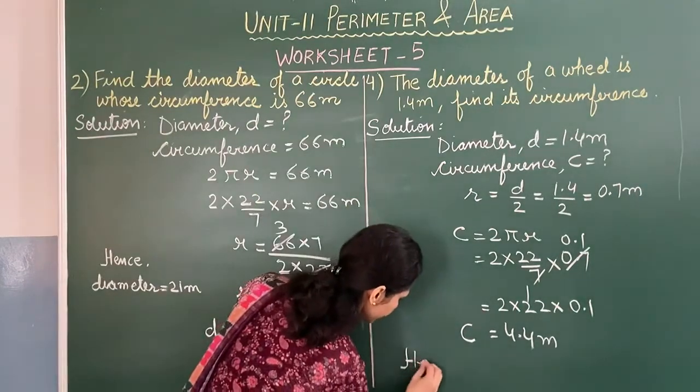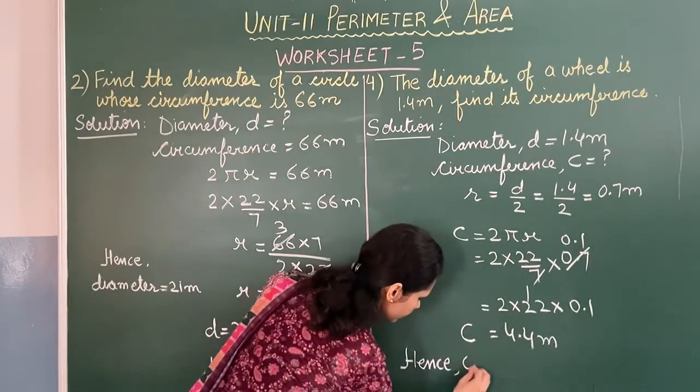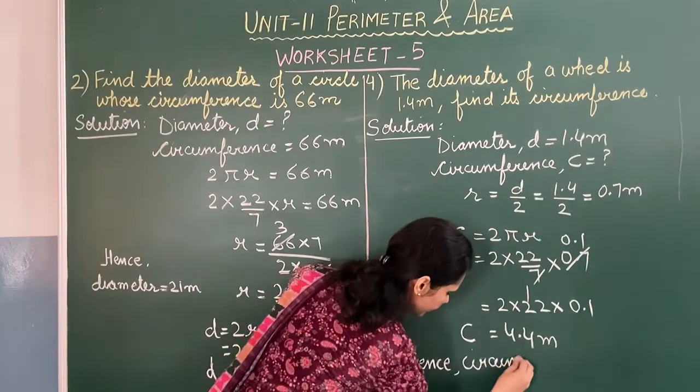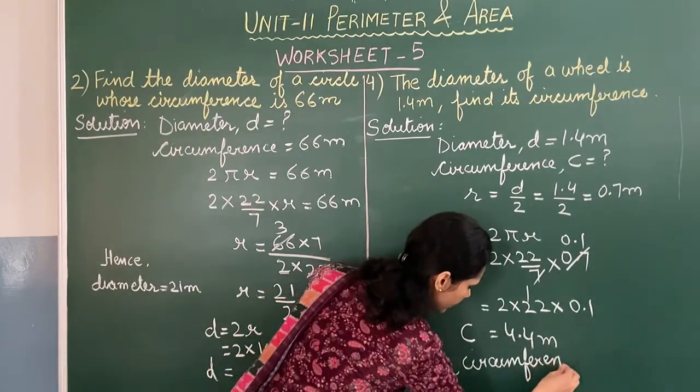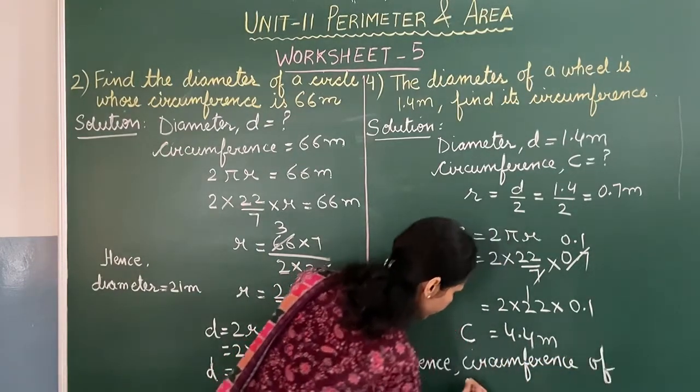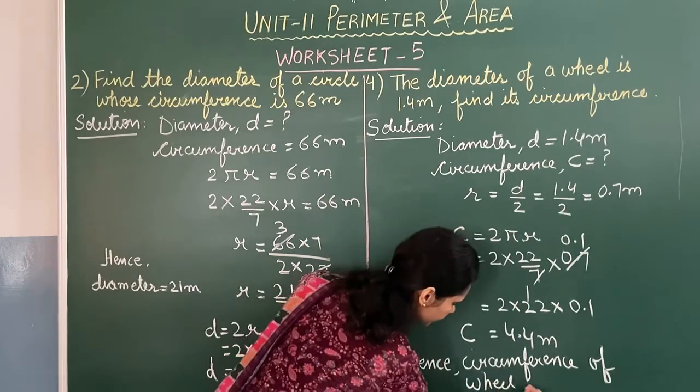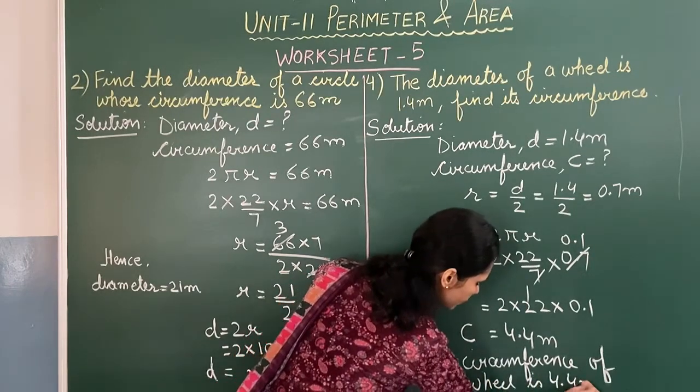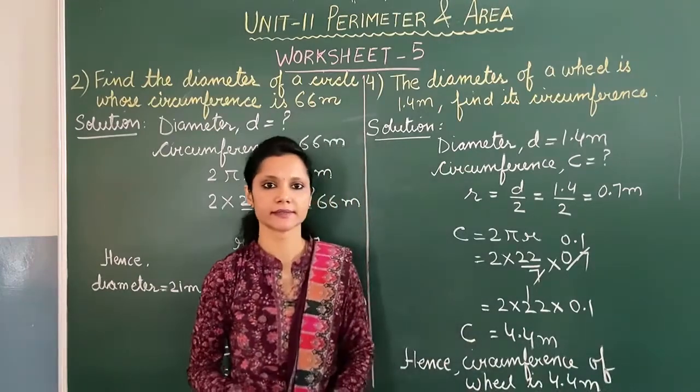Hence, the circumference of the wheel is 4.4 meters.